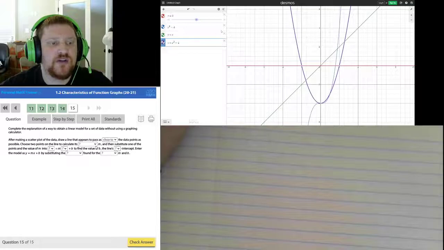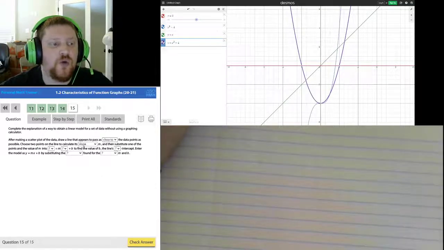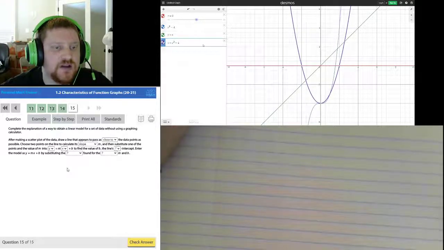Choose 2 points on the line to calculate its slope, and then substitute one of the points and the value of m into y equals mx plus b to find the value of b, the line's y-intercept. Enter the model as y equals mx plus b by substituting the values found for the variables m and b.